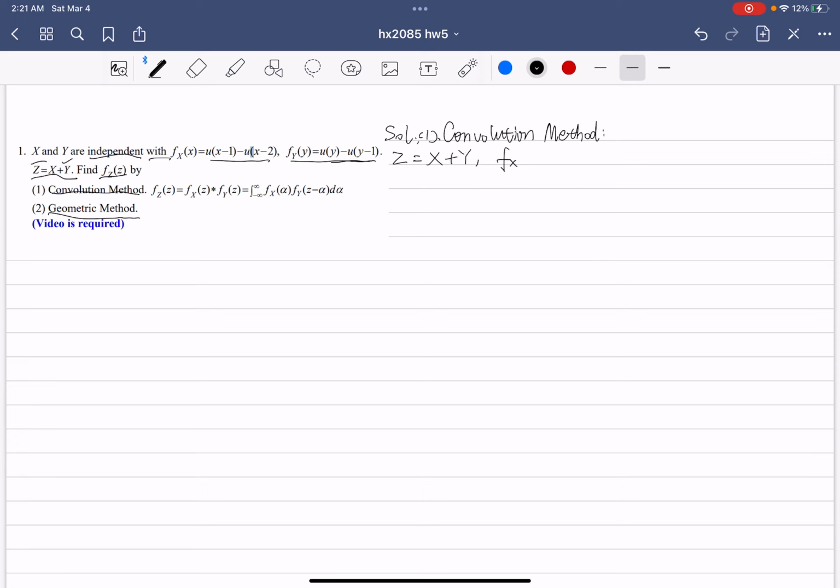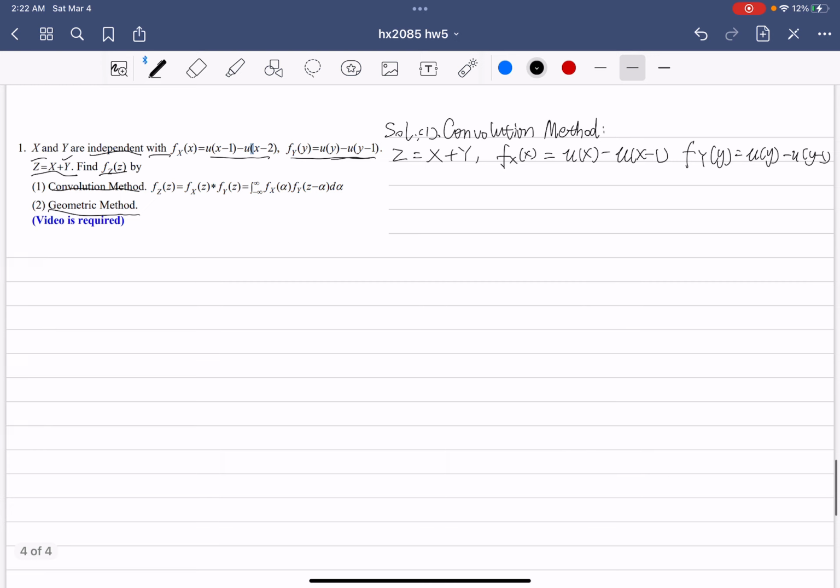Then fx, the probability density function of x, equals ux minus u(x minus 1), and the probability density function of y is the same as in the question. After that, we can just shift the result to the right by 1. We will get our result.